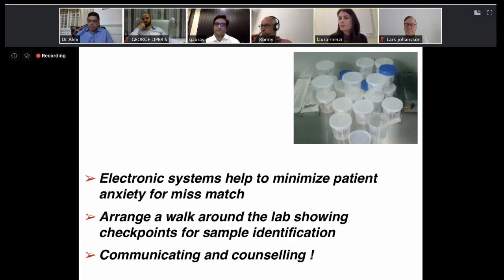So it's difficult to convince your boss to invest in an electronic system, because it's not going to bring patients, it's not going to bring better clinical outcomes. If you say to a gynecologist, please buy this incubator, it doubles the pregnancy rate, you will have it the day after. But if you say, oh, it's just controlling the lab, I think it's more difficult.